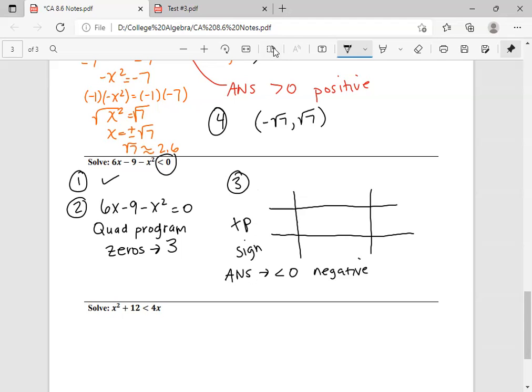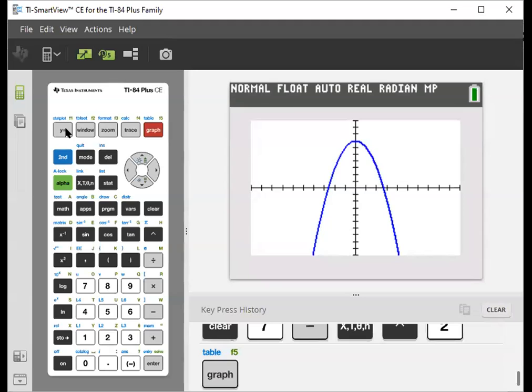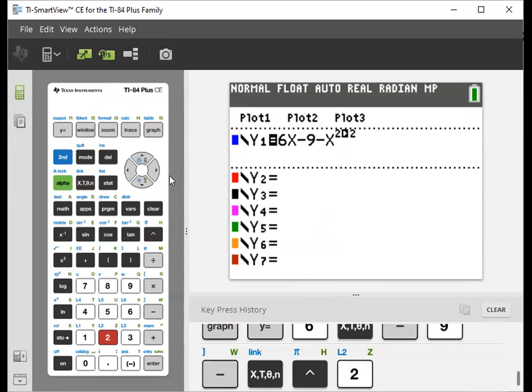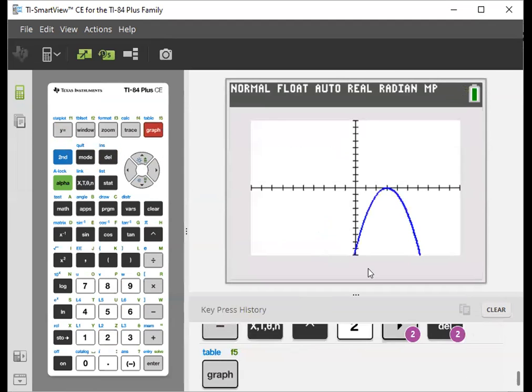Okay, I'm going to go to my graphing calculator and just eyeball this to remind you guys what it looks like. So if I type in 6x minus 9 minus x squared and hit graph.